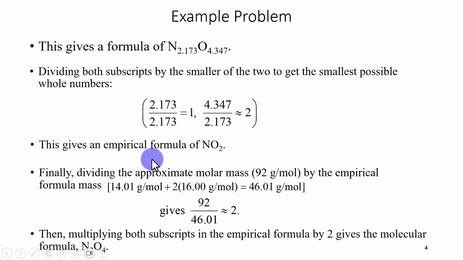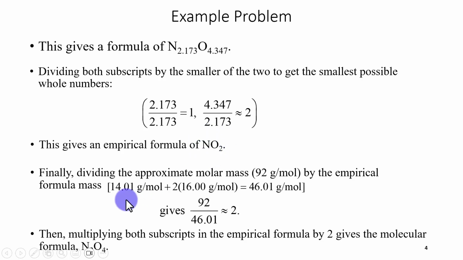I have one more thing to do. I need to figure out the molecular formula. The problem told me that the molar mass of my compound is 92 grams per mole. How much does my empirical formula weigh?